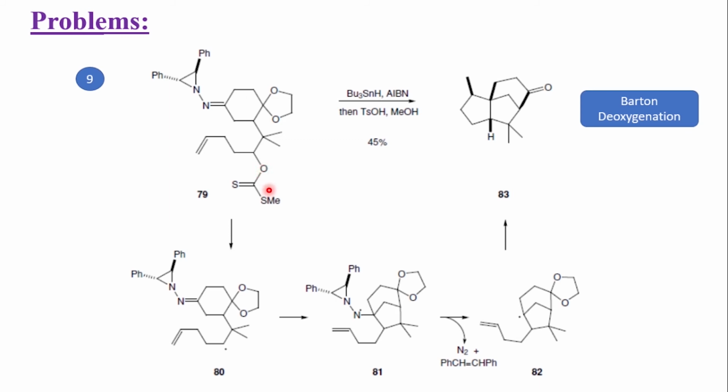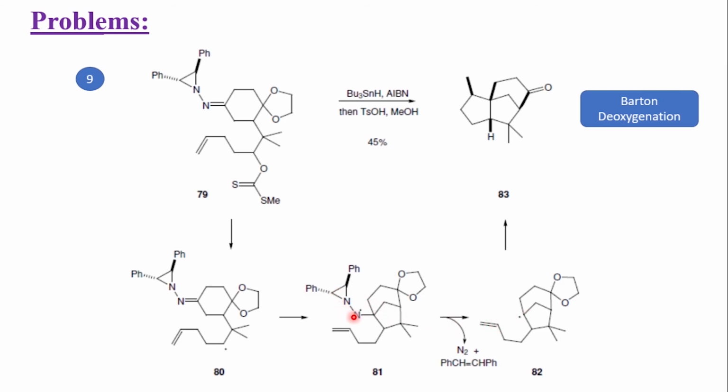Okay, this alkyl radical undergoes resonance or addition to a pi bond with this C double bond N to create this nitrogen radical. This nitrogen radical also undergoes resonance to cleave this ring.